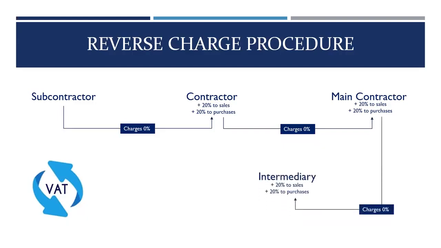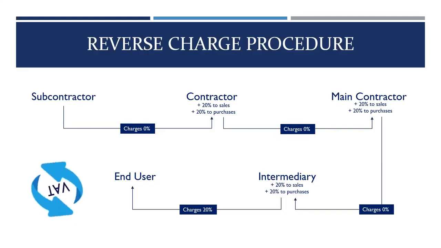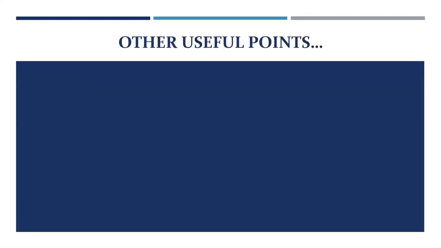So then it comes to the intermediary, which again, the intermediary will be charged at 0%, and they'll add VAT onto the sales and onto the purchases, and then they will charge the end user 20% as normal, and then most end users will claim it back. So it's great, isn't it? The Inland Revenue actually don't get anything out of the whole scheme, but that's VAT for you. It's a bit topsy-turvy, VAT.